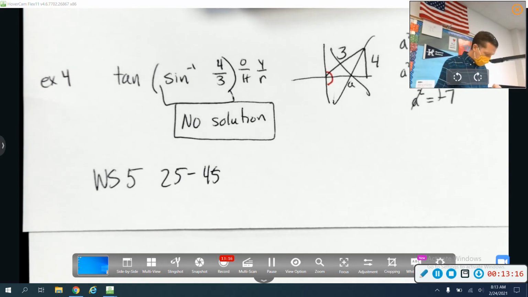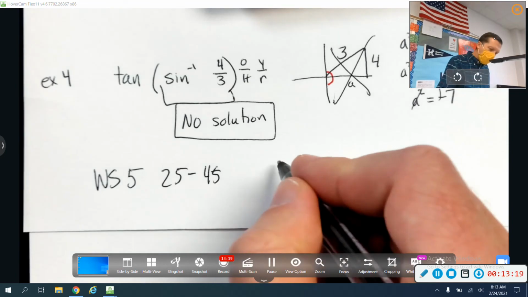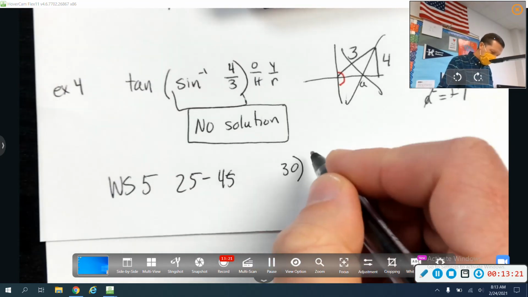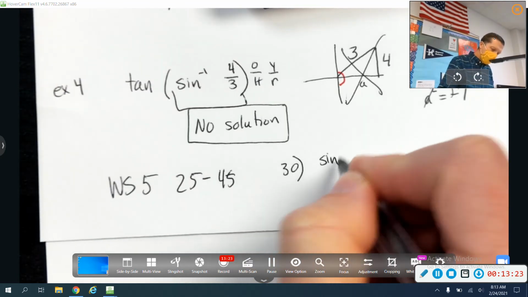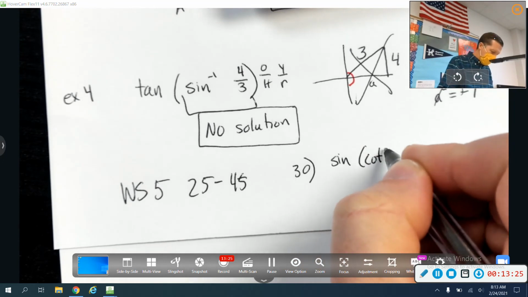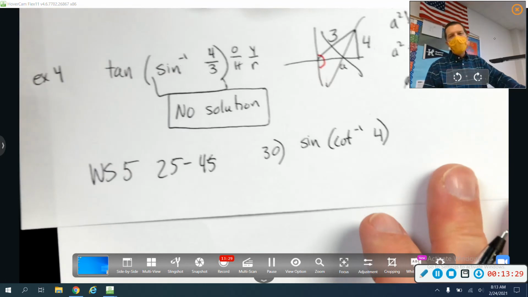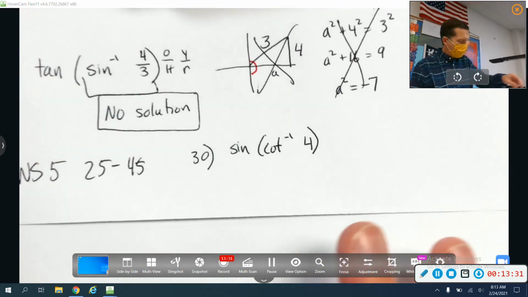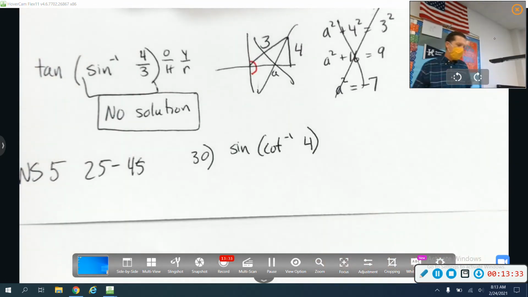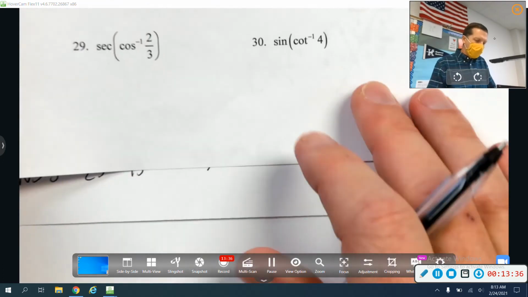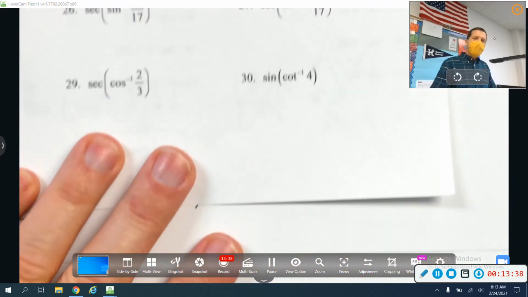All right, where's one that I want to look at? Let's look at number 30. Got one extra trick in it. Most of you, I think, figured it out right away. But just in case, let's look at number 30. Sine of the inverse cotangent of 4.